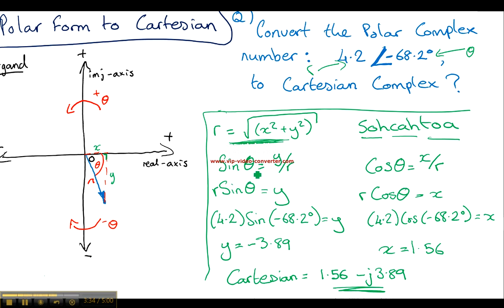And again, keep your angles in degrees if that's what you're asked for, so make sure your calculator's in degrees, and know how to work with sine, cos, tan, and indeed the inverse sine, cos, and tan. Also very useful to check your answer on the calculator. We showed you the functions in class, how to do it, so you can use your calculator to check your answer. But again, you need to show all this working out to get all the marks in the test. So do keep that in mind.